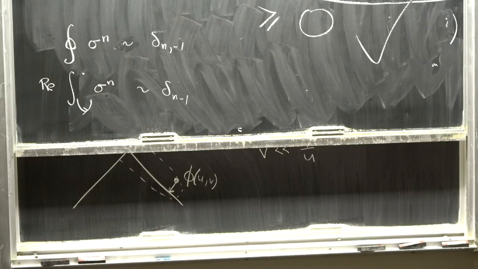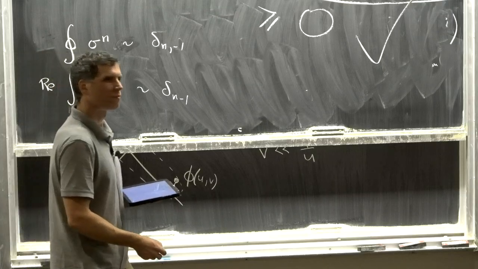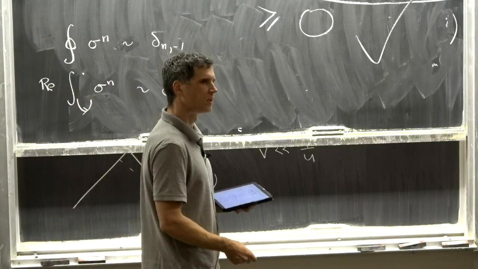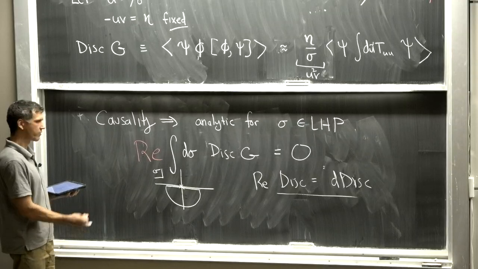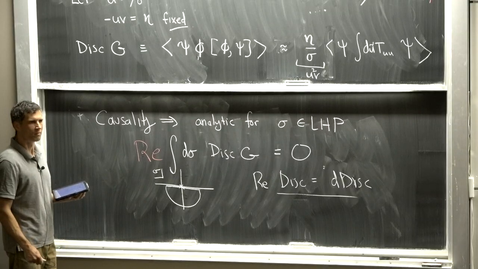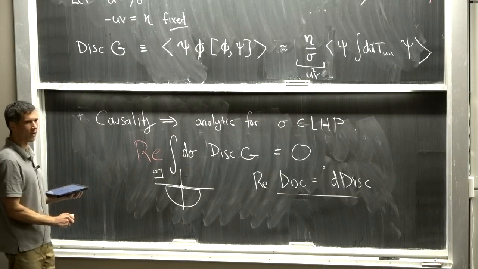It's clear that at the origin there's no branch cut or...? At the origin? Yeah, there actually is a branch cut. There can be branch cuts at the origin here, but it's okay because we didn't deform around that branch cut.